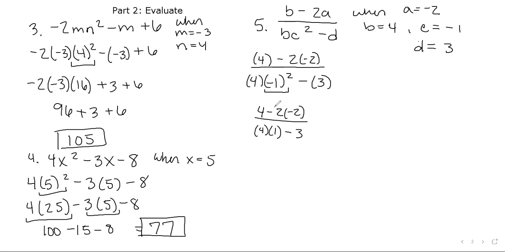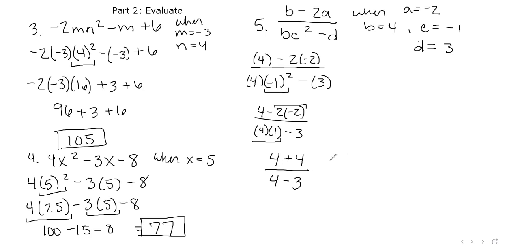Now we can do the multiplication here and here. We got 4 plus 4. -2 times -2 is +4. In the denominator, we have 4 times 1, which is just going to be 4. And then we bring down the -3.